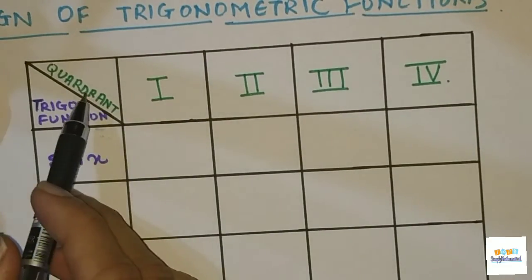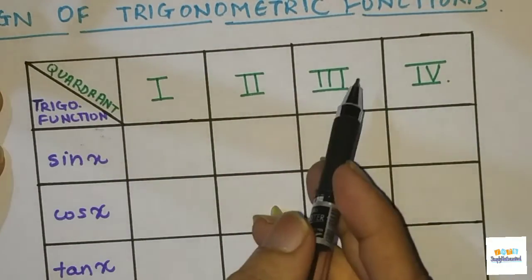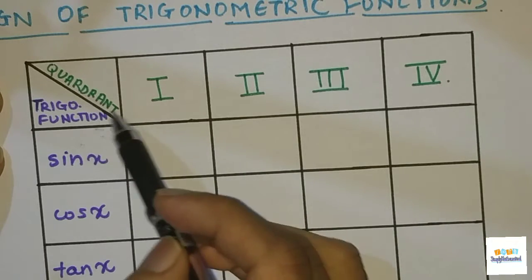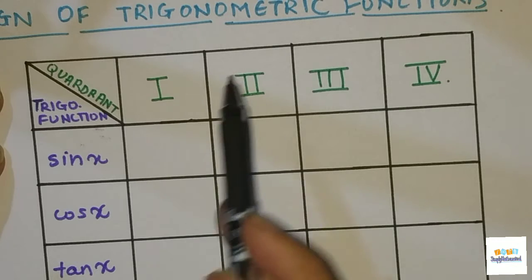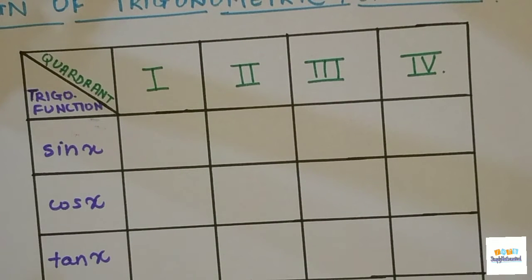So what you have here is the quadrant, first, second, third, fourth, and then the trigonometric functions. So the sign of each trigonometric function in each quadrant we can write down.